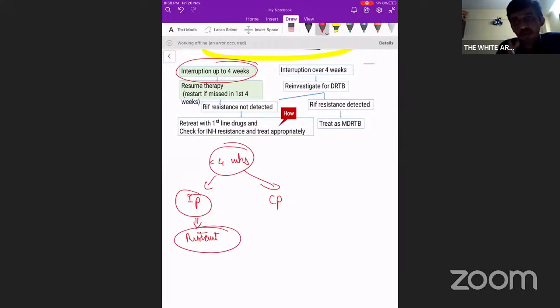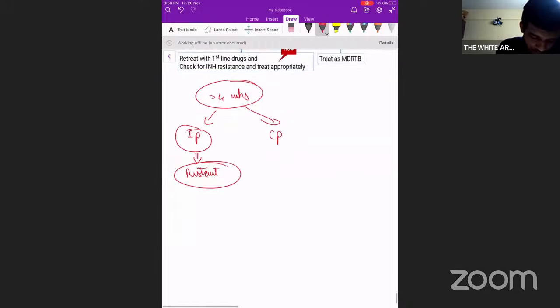If he's missed it for more than 4 weeks during his induction phase, then we restart the whole therapy. Before restarting, he'll have to undergo the drug-resistant tuberculosis algorithm to test for universal drug sensitivity pattern, because he might have developed resistance, and we restart the whole treatment.